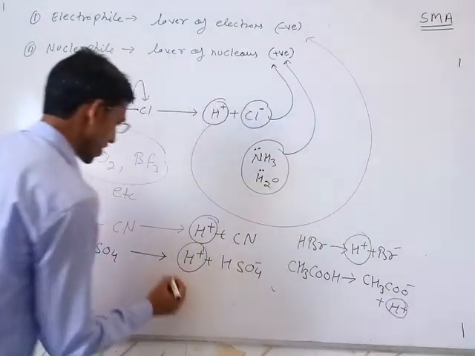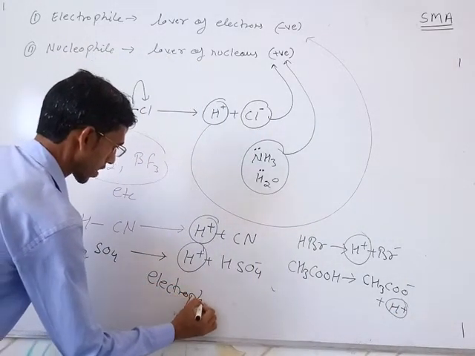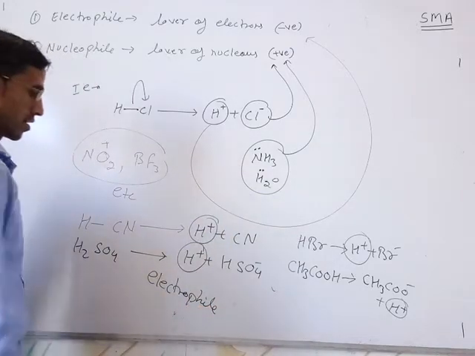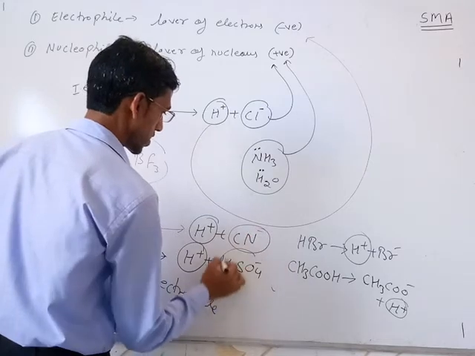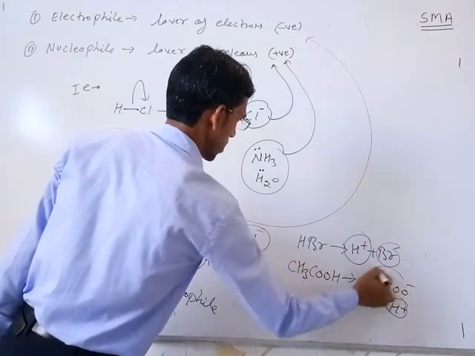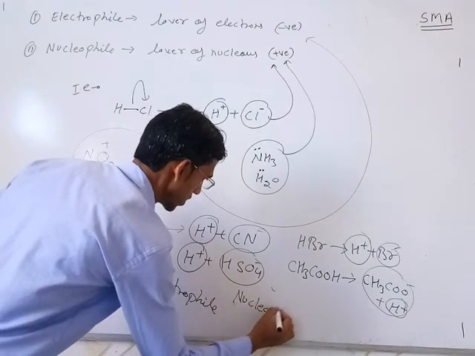So all positively charged species are known as electrophiles and work as electrophilic attacking reagents, and all negatively charged species are known as nucleophiles.